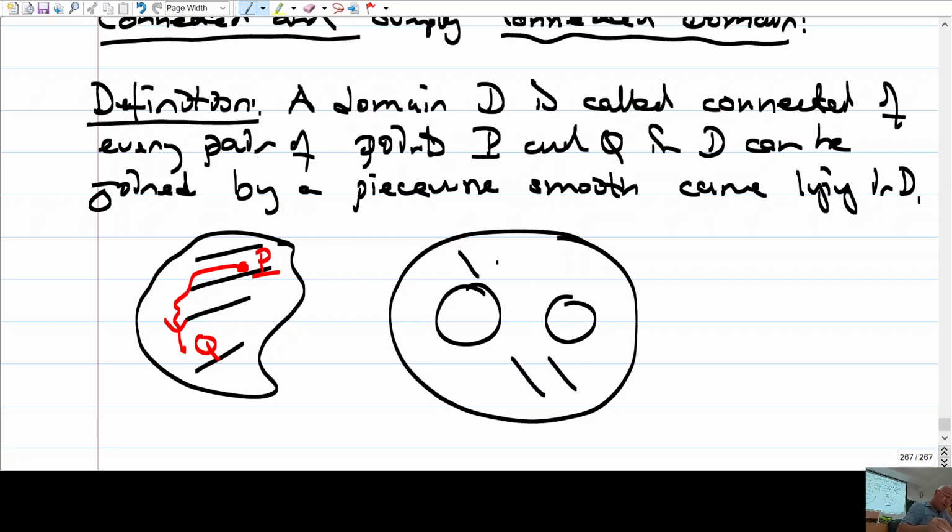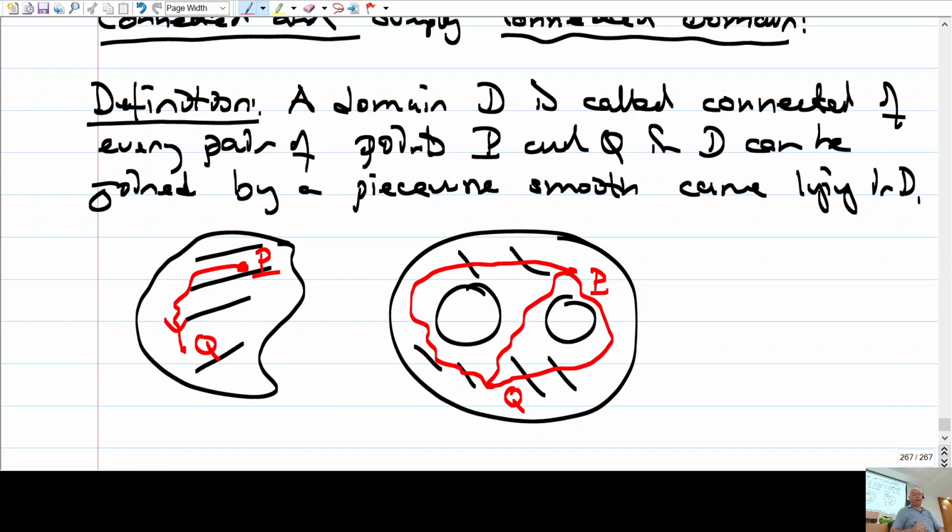Suppose it is this one. Right? Whenever I am given a pair of points, let's say P and Q, I can join these points via some smooth path. I can join them like this, or like this, right? Several ways of joining these 2 points.